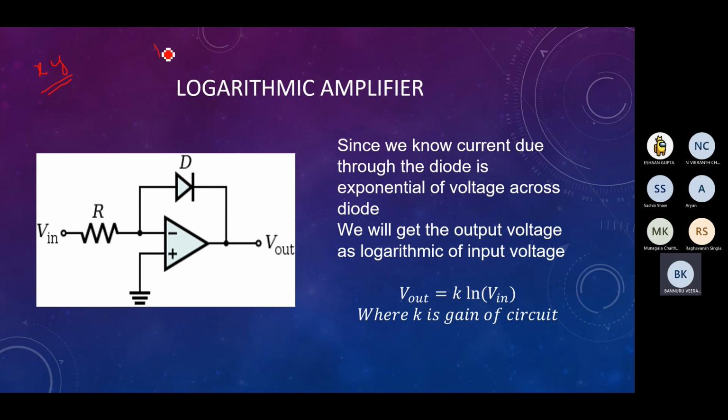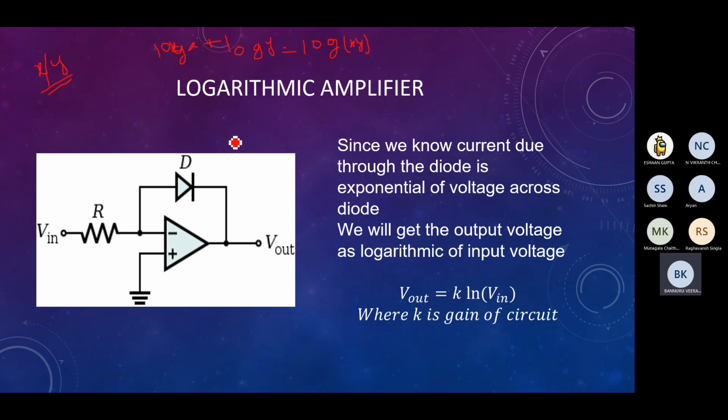We get log x and log y, and add them using the adder circuit, so we get log of xy. Using the anti-log circuit, we get x times y. This is why we use logarithmic amplifiers. Not only addition, we can also get x by y using the subtraction circuit.